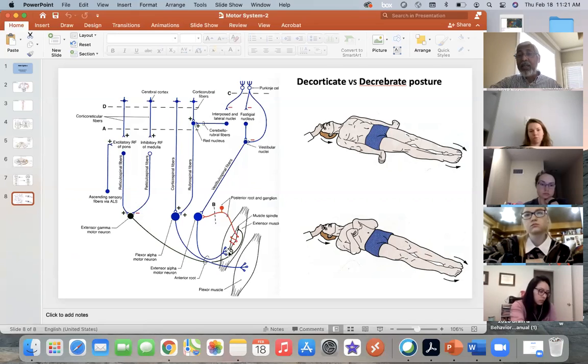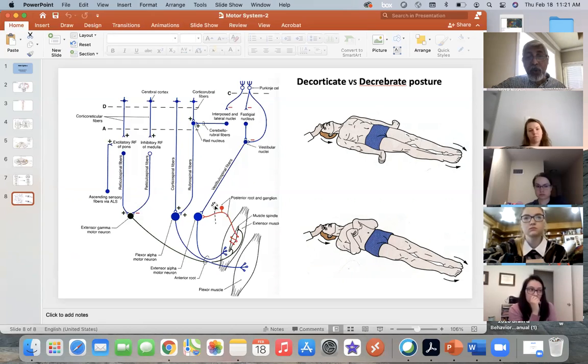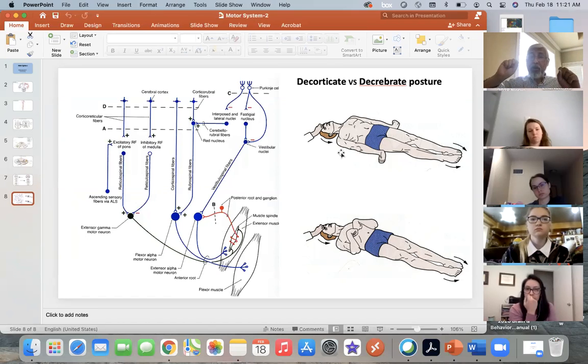So that is how you get this extension in all the limbs. Now, if you disconnect this one, you break the cycle, so you will not see this type of extension. This extension will be lost, right? They will be gone. So at least the hyperactive contraction of the extensor muscle will disappear, right?